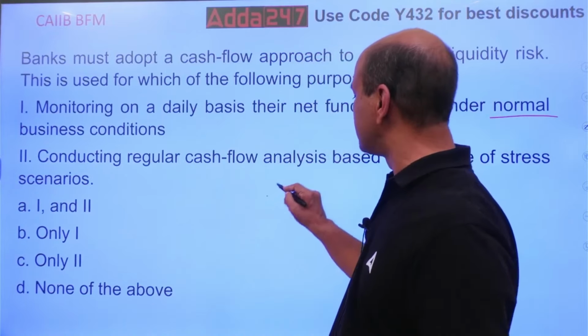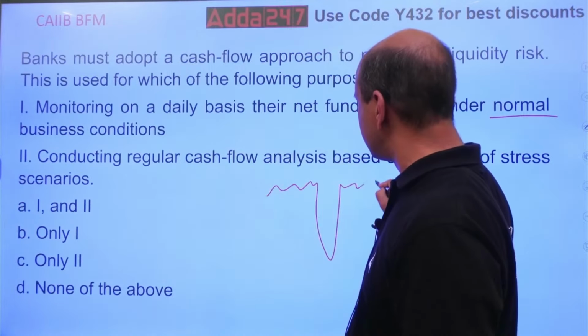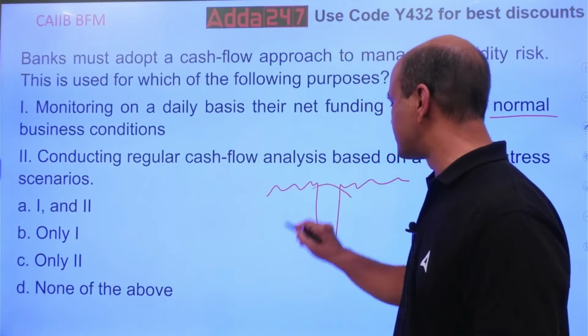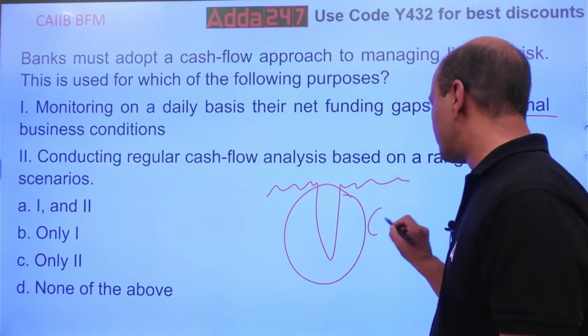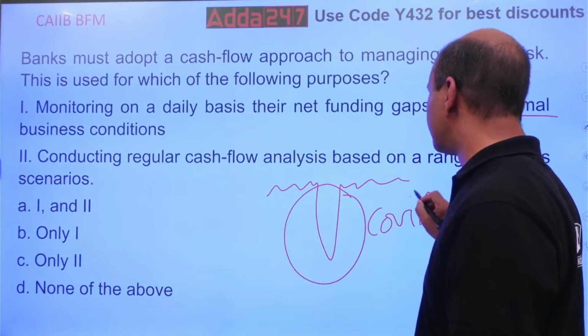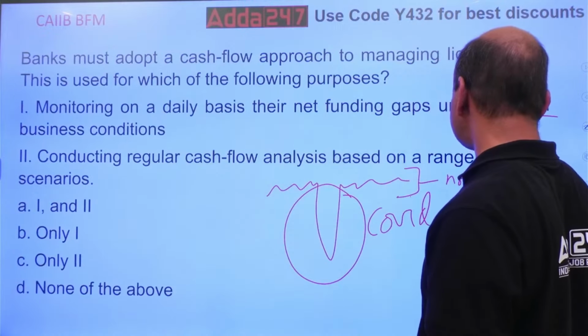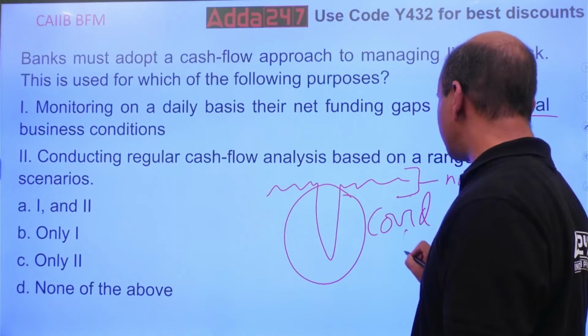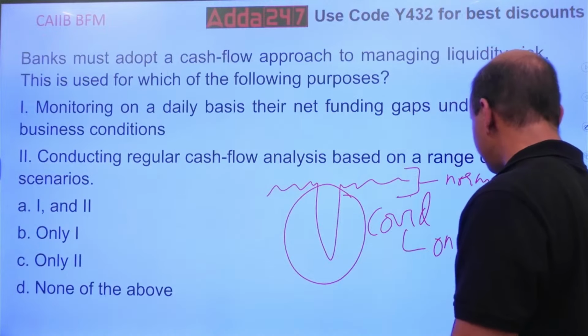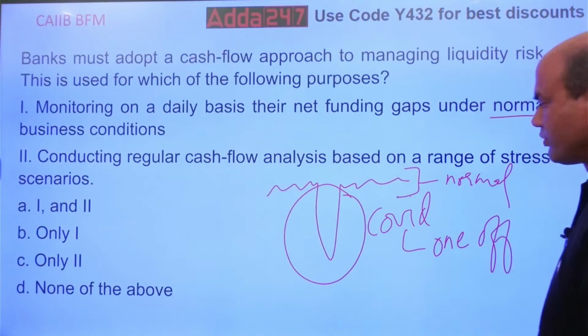See here, if this is your market going on and this is some urgent dip, the COVID situation, this is COVID. In COVID, you had a market dip. So this is considered as normal, and this is considered as a one-off case.